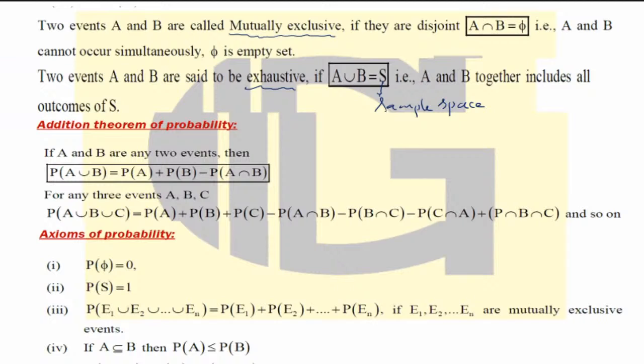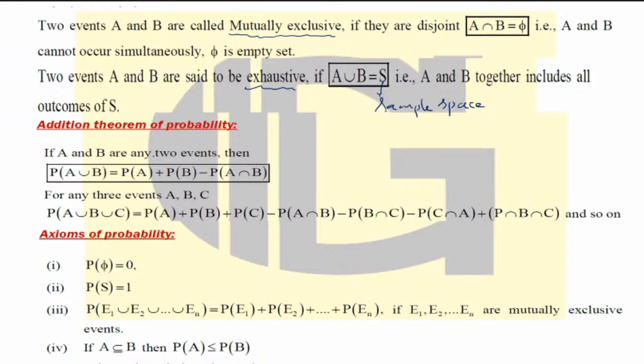In the above example, getting an odd number is 1, 3, 5 and event B, getting an even number, is 2, 4, 6. If you apply A union B, you will get 1, 2, 3, 4, 5, 6, which is the sample space S for the random experiment of throwing a dice once.